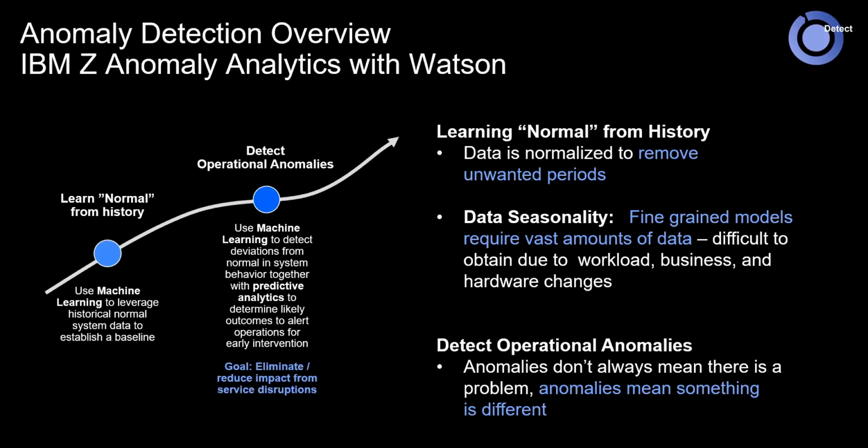Now, the approach we've taken, especially on the metric side, is to look at days of the week versus weekends. And this all plays into what's known as data seasonality. You can think of this as how fine-grained you want to get with your models. The approach we've taken uses roughly a month or 2 months' worth of data to train and build an accurate model, and that's just looking at days of the week versus weekends.